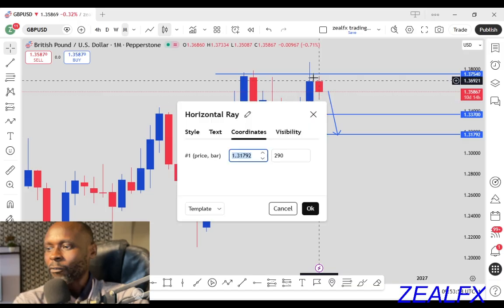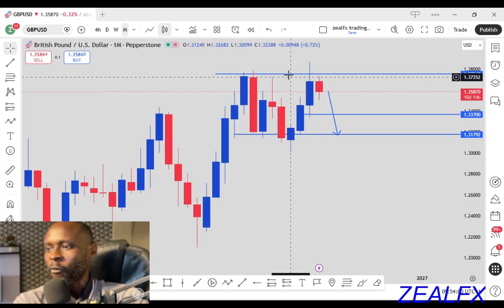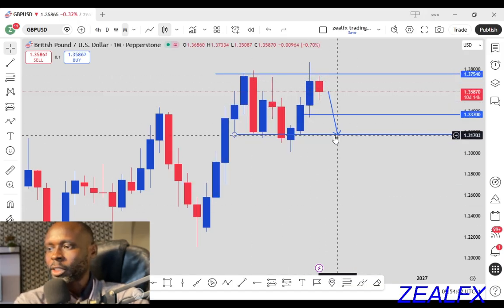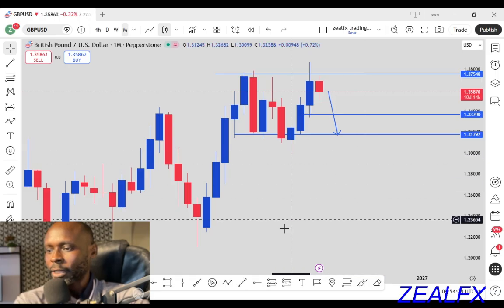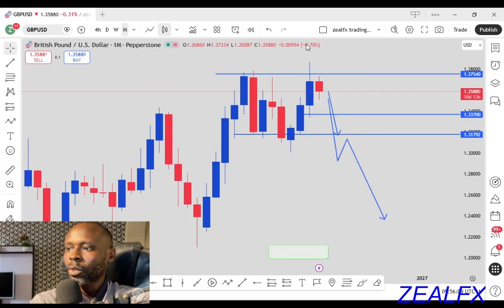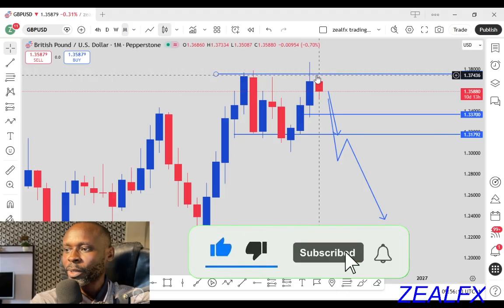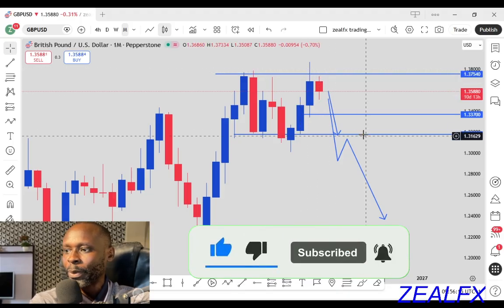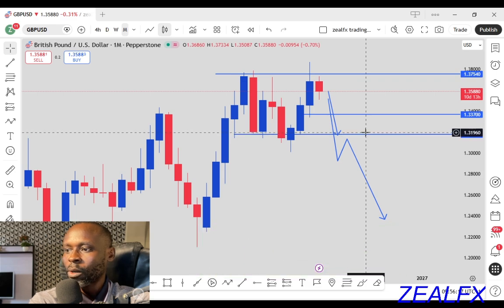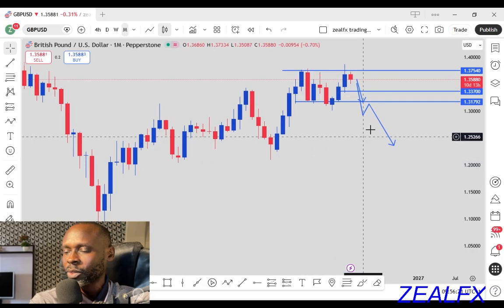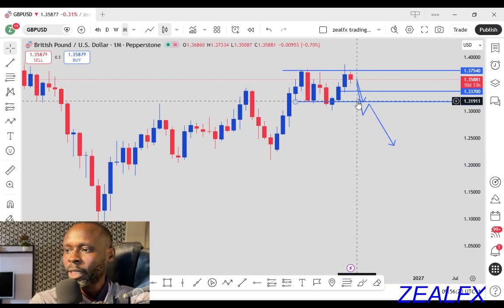Once price fails to close above this resistance level and creates a first breakout, this is an indication of price reversal back to this monthly support. So this is a reversal trend currently on the pounds USD, indicated on the monthly chart.